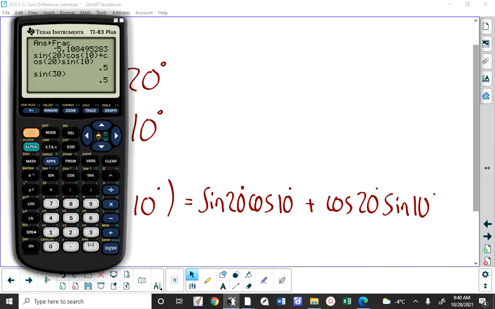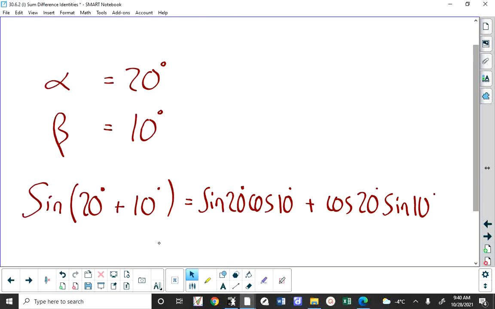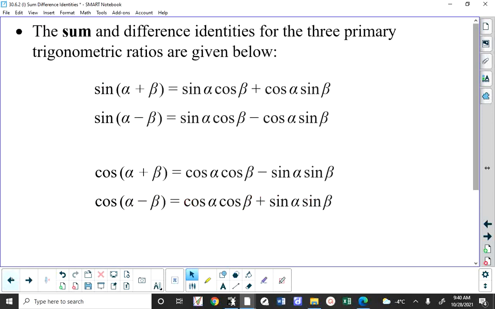These identities are here as a way to simplify things, and we'll encounter lots of examples. I wouldn't recommend trying to memorize these. There's too many twists and turns. One of the things you should probably remember is that when you have the sine of the sum of angles, there's a sum of 2 terms.